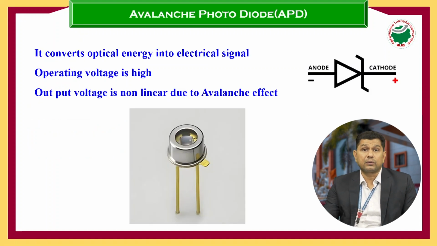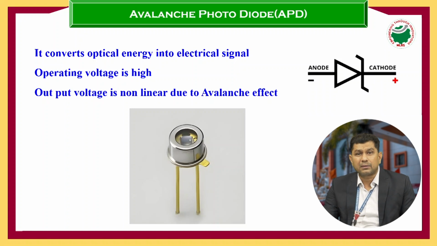Next, I am going to discuss the avalanche photodiode. The avalanche photodiode is very similar to the PIN diode. What is the major difference? The PIN diode we operate at lower voltages, while the avalanche photodiode we operate at very high voltage. Why do we operate at high voltage? In the PIN diode, the major drawbacks are low sensitivity and slow response time.